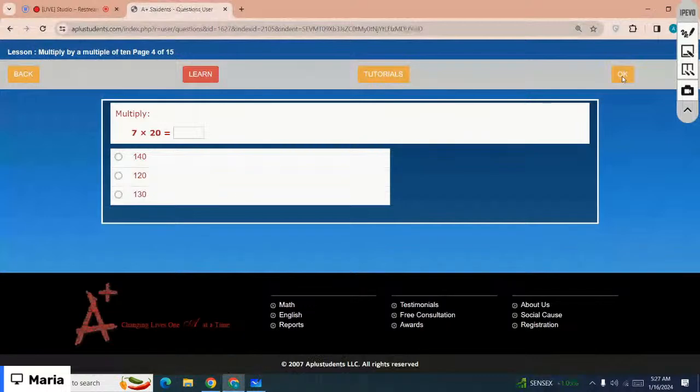The next one is 20 times 7. That is 140. The correct option is 140.